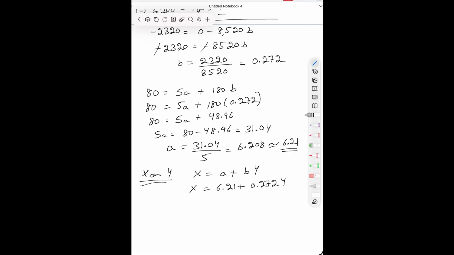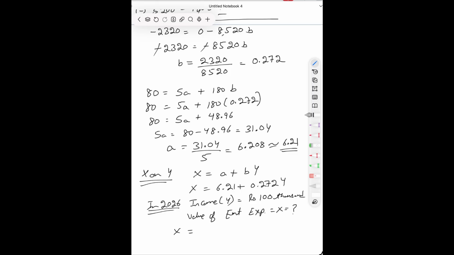Now, let us say in the question it is given that in 2026 the income, that is variable y, will be rupees 100,000. You have to find the value of the entertainment expenditure that the person would do. So indirectly it is saying you have to find the value of x.